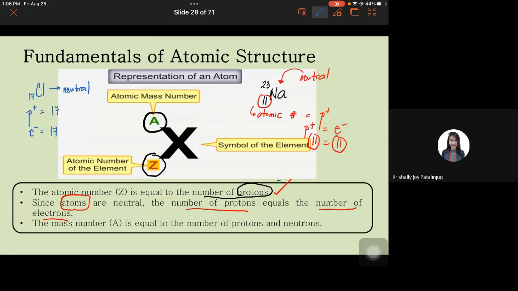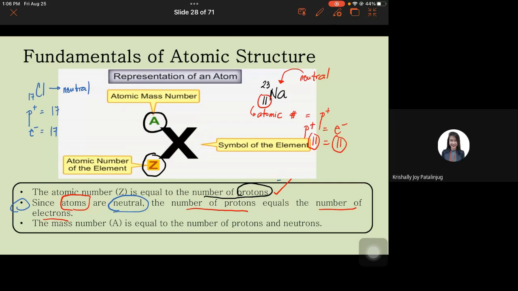So that's how you determine the number of electrons. Equivalent lang sa number of proton if neutral. Okay, so take note of this statement. If neutral atom, number of protons equals number of electrons.